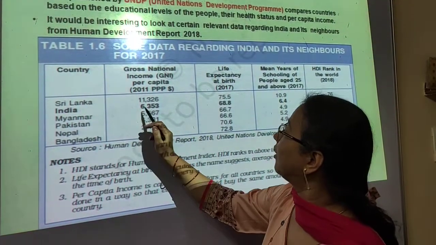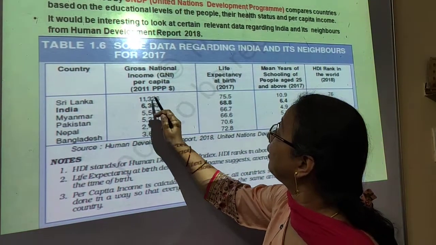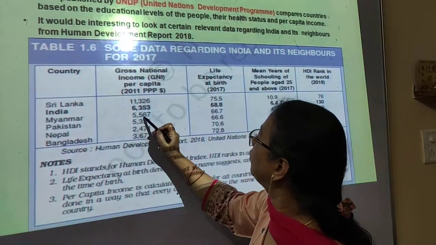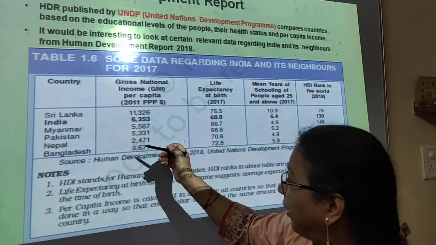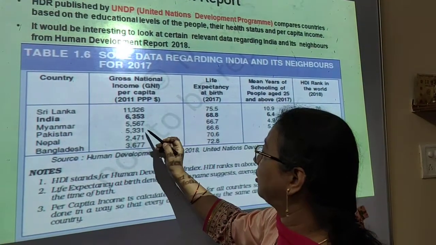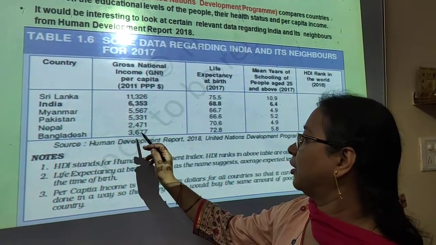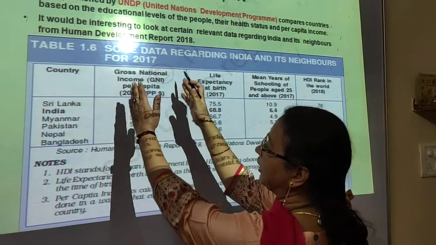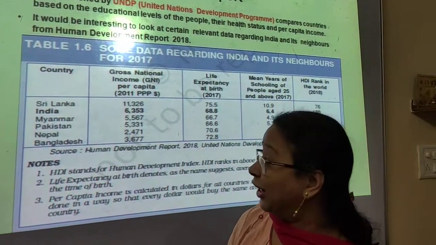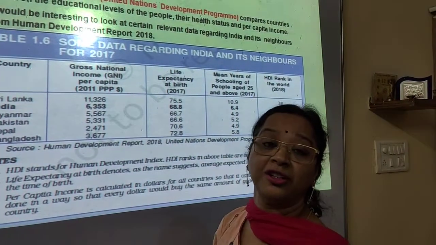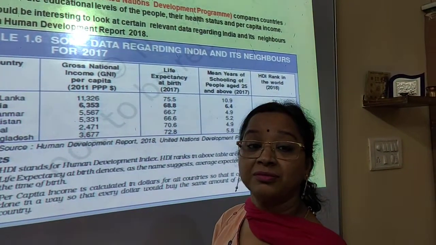Look at India, only 6,353, less than Sri Lanka. Myanmar, lower than us, 5,567. Pakistan, not very much lower than us, 5,331. Then Nepal, 2,471, and Bangladesh, 3,677. So this is the income criterion. It means that on the basis of income, Sri Lanka is in the top position among our neighbors.